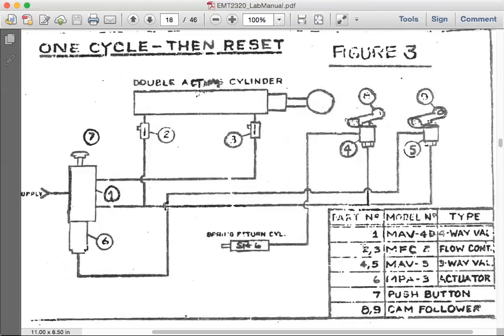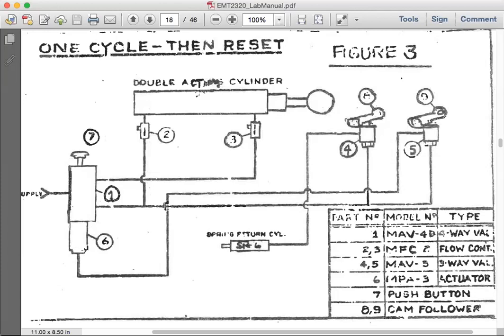Let's do the analysis. The name indicates it's one cycle, then reset. Your components: number one is MAV4D. The pressure comes from the supply, from the site. We had MAV4D already in the previous system, in the full memory. In this case, the actuator is attached only on one side.